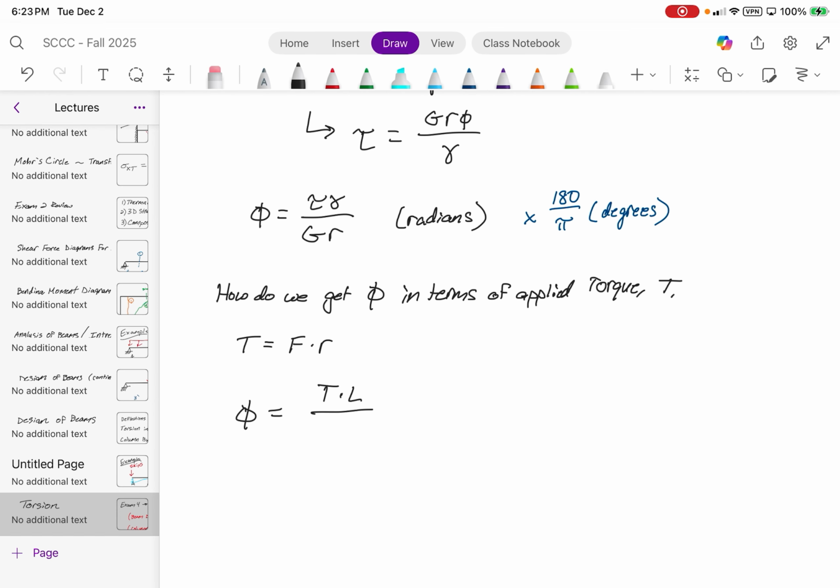The shear stress is going to equal, I don't remember all of the equations off the top of my head. Oh, I forgot to add one more thing.